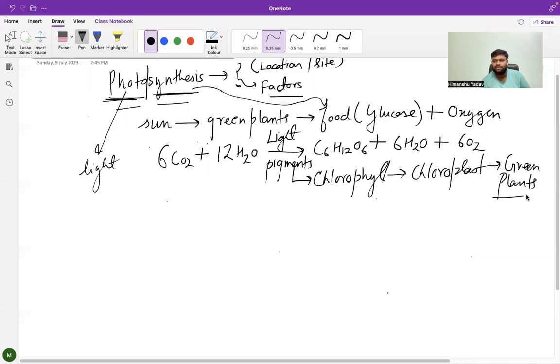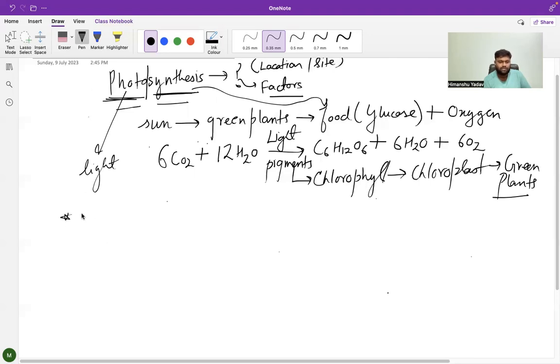We need to understand how this process of photosynthesis came to light. Who were the people that worked towards the discovery of this process? Let us look at some of the scientists involved. The most important one you can say is Engelmann.